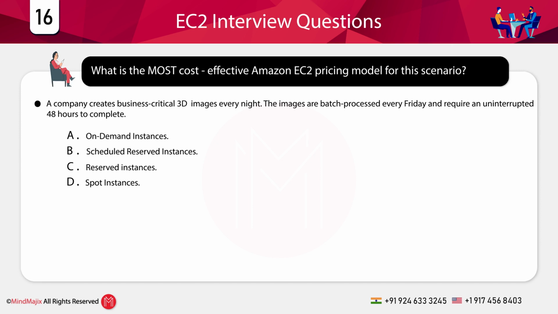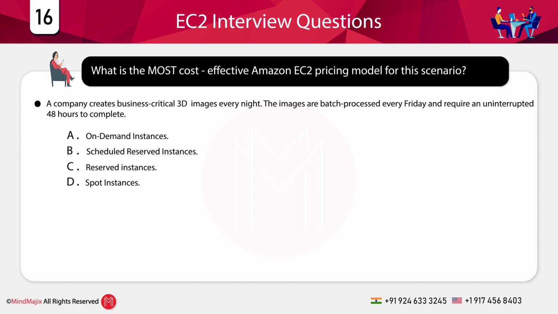But the problem is we need uninterrupted 48 hours, which is maybe not possible with spot instance, because if the bid price increases, we'll lose our data, or it will get interrupted. At least the EC2 instance will stop. What is spot instance? You have to go through the EC2 lecture. So spot is cost effective, but it will not satisfy the requirement.